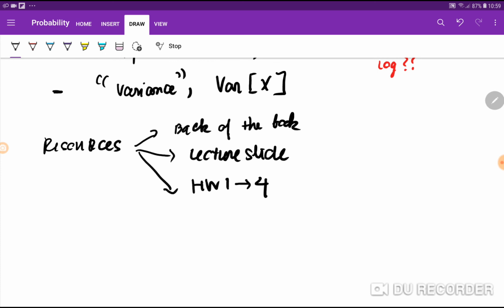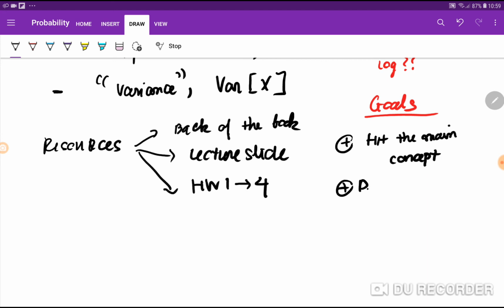So what I'm gonna attempt to do is go over and hit some concepts. This is just my goal, like my ideal goal. I don't know if I can do all of that. Hit the main concepts. Demonstrate to y'all how to set up the problem.